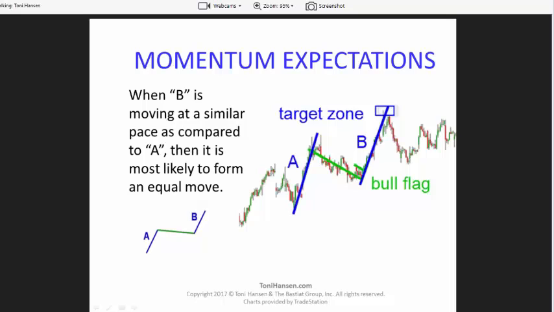The first concept I want you guys to be familiar with is very straightforward. When we're looking at momentum moves, if a continuation move has similar momentum as an initial impulse move prior to the zone of correction, in this case it pulled back about 50%, then that momentum is usually going to give us a target level that is approximately equal to the impulse move that came before.